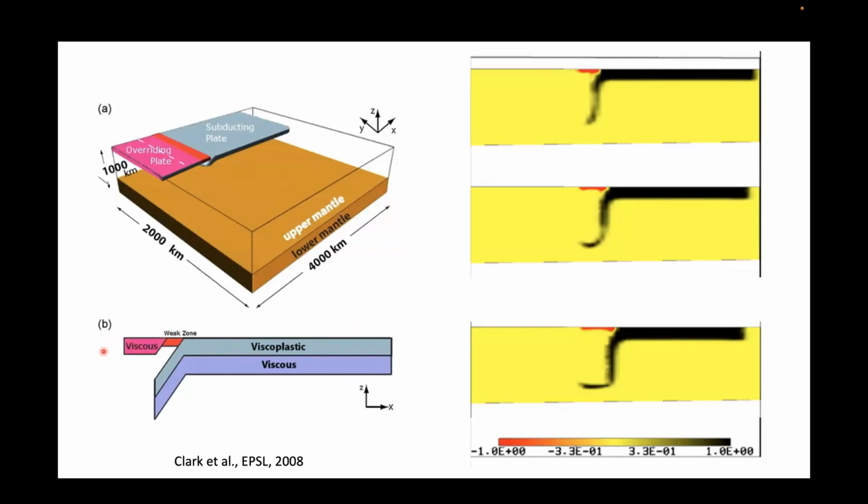But the overriding plate cannot be plastic, because the yield stress is too strong. It can only be viscous. That means the yield stress is effectively zero. Any small amount of stress can generate spreading in the upper plate. And in this kind of configuration, we can generate a strong back-arc spreading.